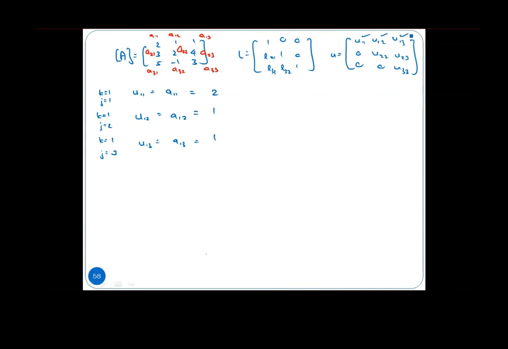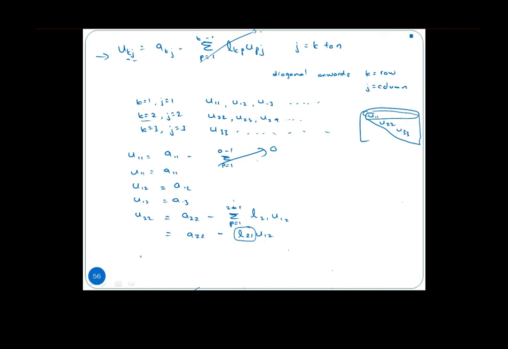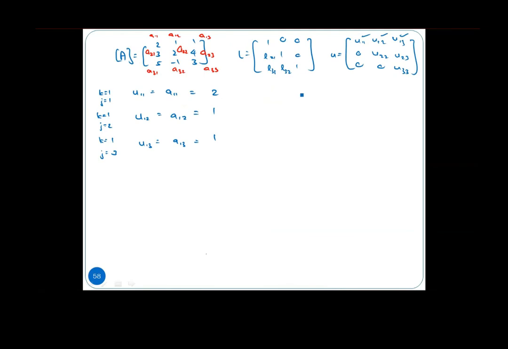Then if you want U22, we need L21, so we start by finding L21. To find L21, I equals 2, K equals 1, so L21 equals A21 minus 0, divided by U11, which ends up as 3 over 2.